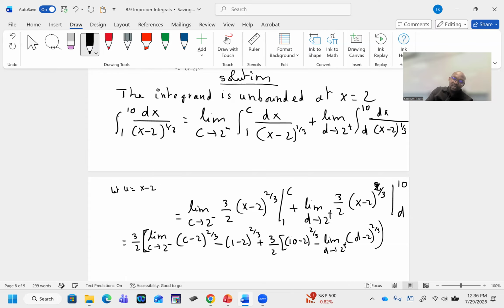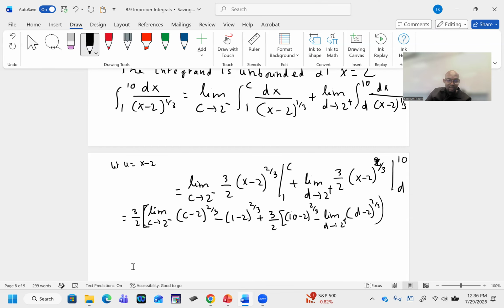So now we have to combine like terms and figure out what we will have. We will have 3 divided by 2. If I substitute 2 for c, I will have 0, and 0 to the power of 2/3 is 0. 1 minus 2 is negative 1, so we'll have 0 minus negative 1 to the power of 2/3, right?